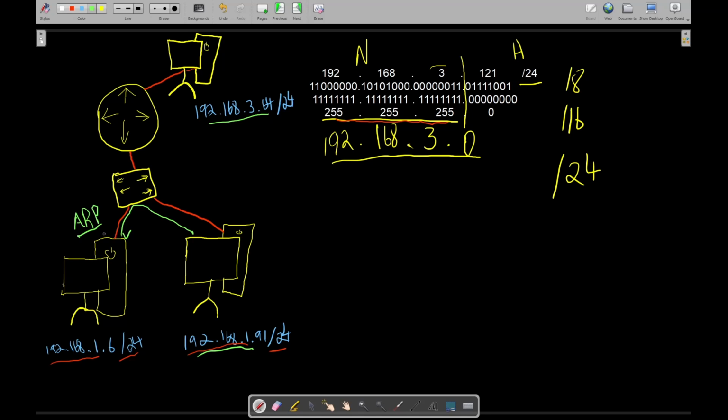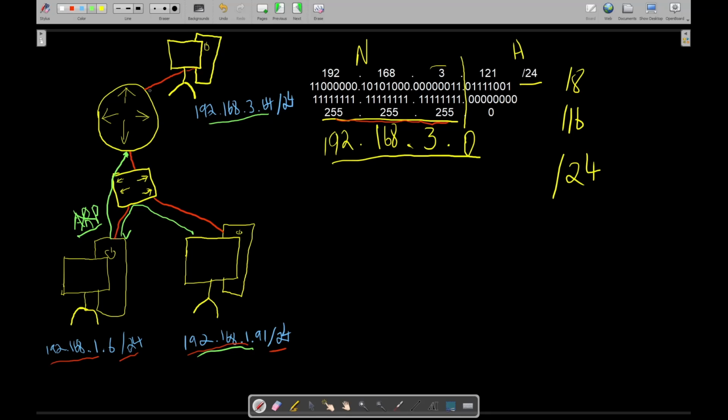And that's why we have the default gateway. Since your computer knows that that's not on its network, it's not going to waste its time and send an ARP request. It's going to send it straight to the default gateway, which is the interface that's connecting that local area network. Then your router also looks at that IP address, uses the subnet mask, and figures out if that's an address that's connected to it.